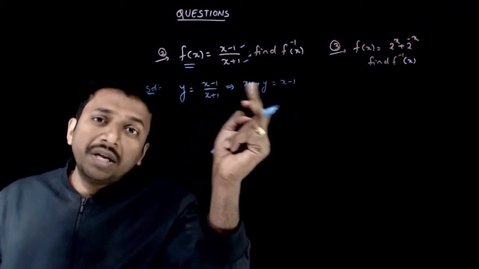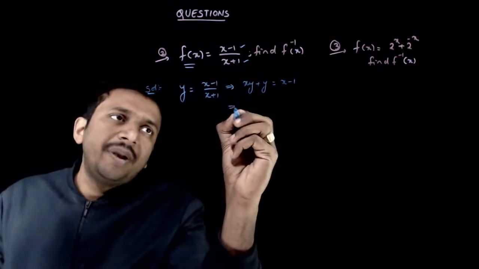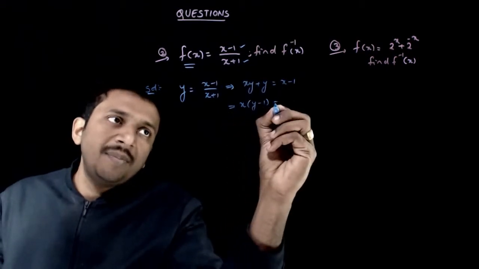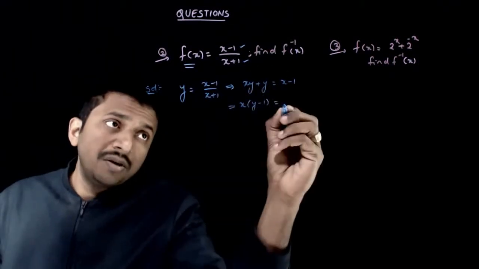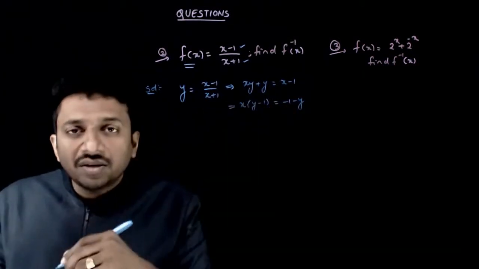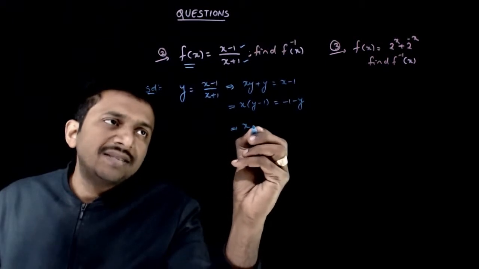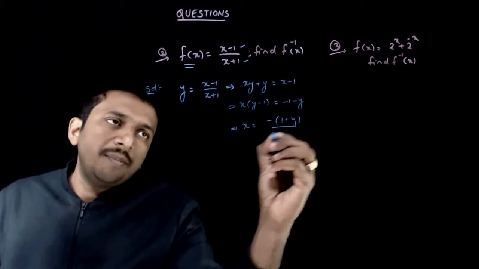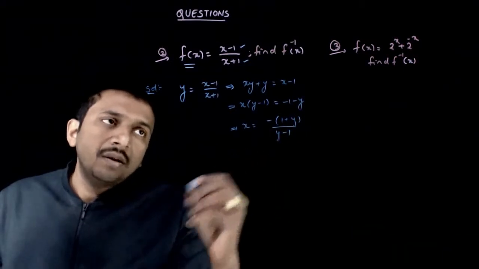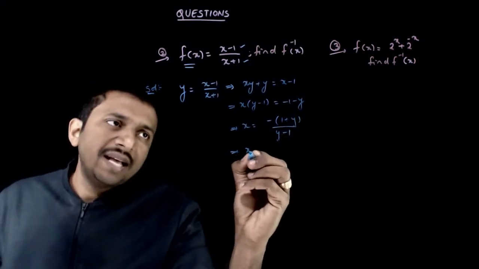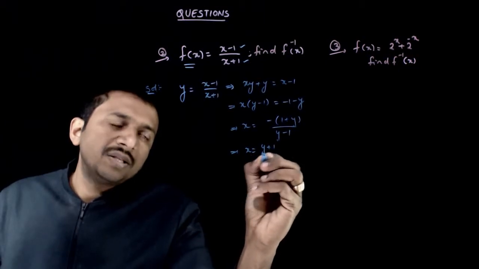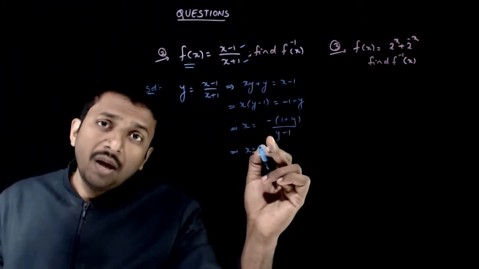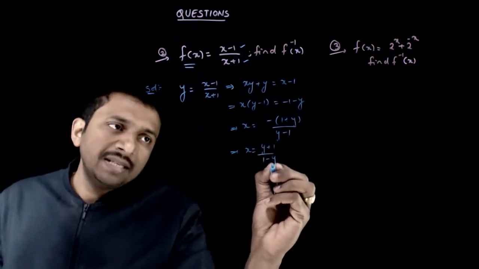If you bring all the terms containing x to one side, x times y minus 1, that is xy minus x, is equal to, this y goes to that side, minus 1 minus y. This implies x is equal to, taking a minus common, minus of 1 plus y by y minus 1. And this implies x is equal to y plus 1 by, if you take this minus to the denominator, minus of y minus 1, which is 1 minus y.